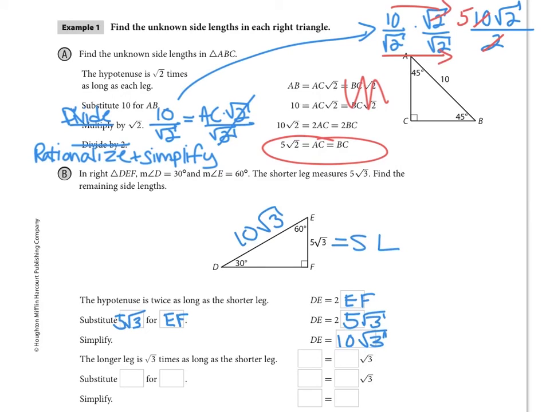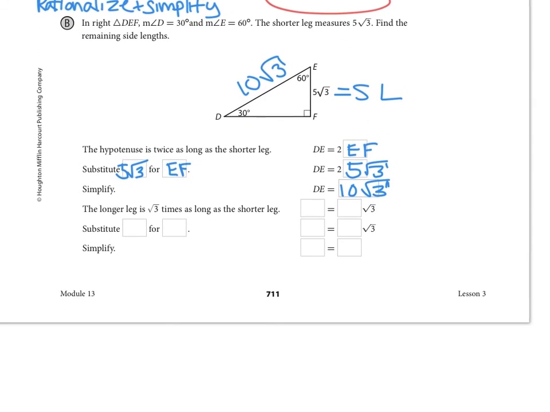And we can still see the relationship that this is twice the short leg. Now the longer leg, we want to simply make square root of 3 times as long as the shorter leg. So in this case, DF is the longer leg we're looking for, and that's going to be the length of EF again times radical 3.